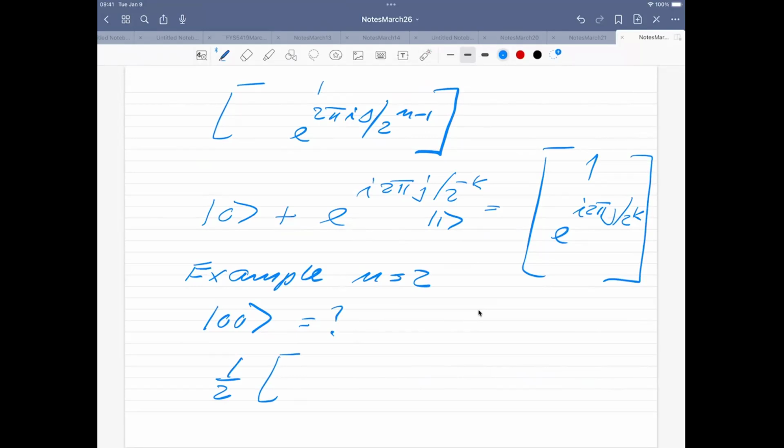So it's 1 over the total number of states, which is 1 divided by square root of 4. This is going to be given by the tensor product of 1, 1. So qubit 0, the first qubit, transforms like you would have with a Hadamard transformation. Then I have to multiply this with the next one. So that gives me 1, 1 here.